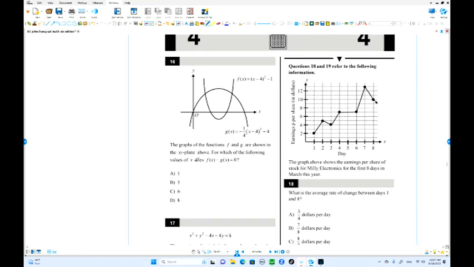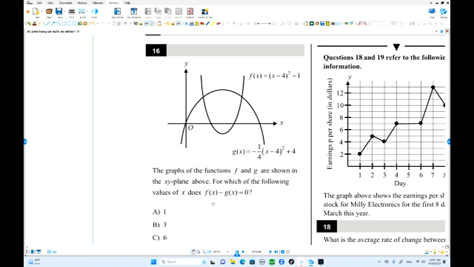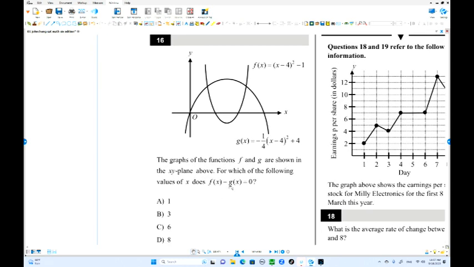Number 16. You have the graph over here: for what value of x are they equal? At these two points, the height is equal, right? f of x equals g of x, isn't it? But we need to find the value of x over here. We have two values of x that are equal, x1 and x2.